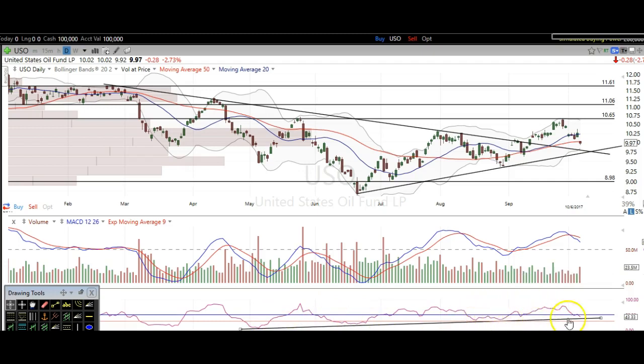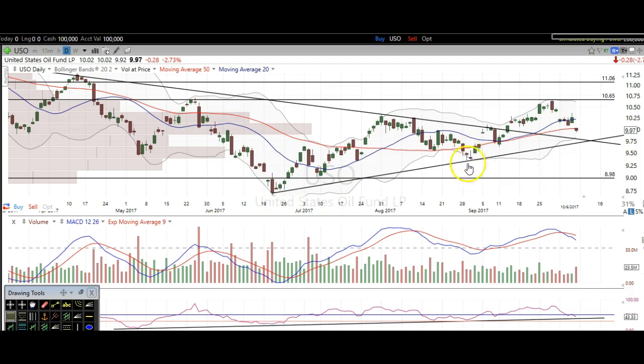So RSI is in an uptrend, and we're coming into that level right now. Not quite at it yet, but it's getting into that uptrend line retest.